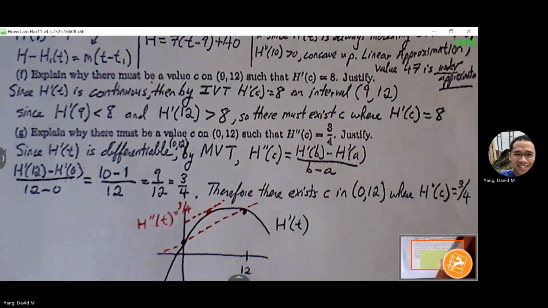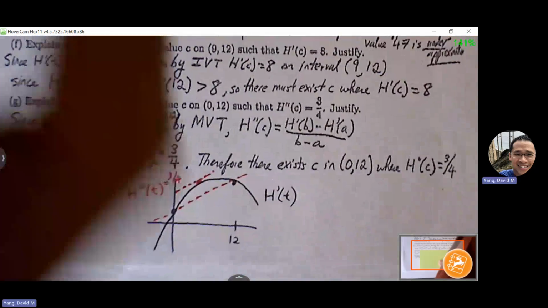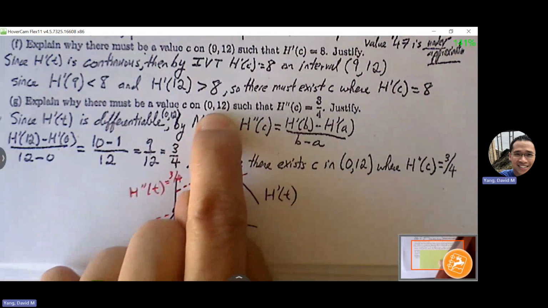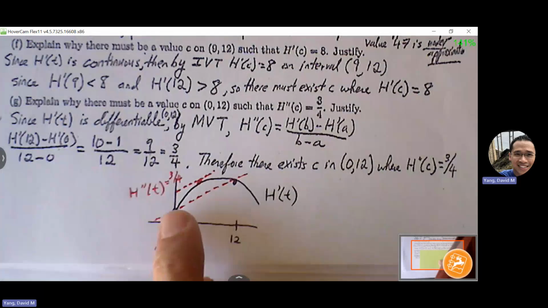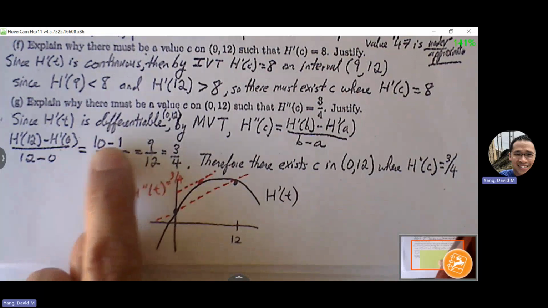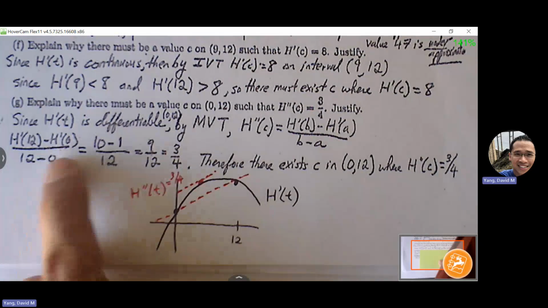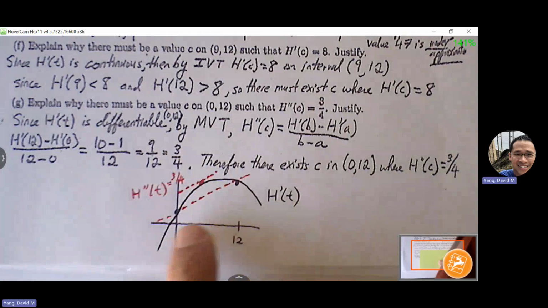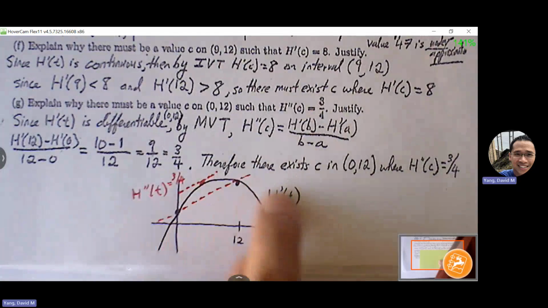So we're going to find the slope between the endpoints on my H prime graph. We know H prime of 12 is 10, H prime of 0 is 1. I do change in H prime over the change in time. So imagine this was the H prime graph.